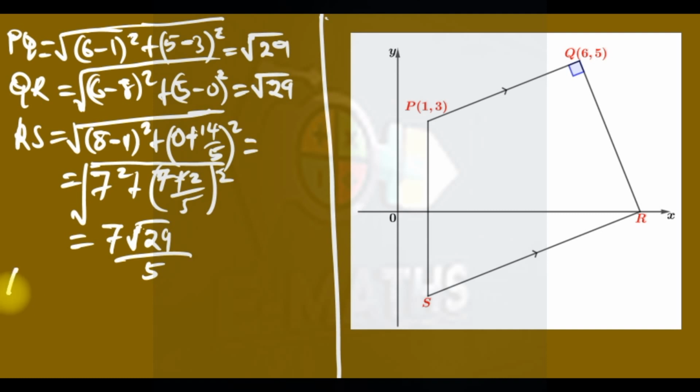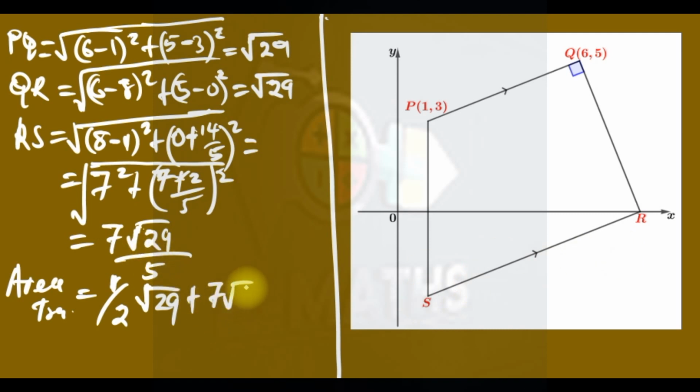Therefore, the area we are looking for, which is a trapezium, is half the sum of the parallel sides, which is PQ plus RX. PQ is square root of 29 plus RX is 7 square root of 29 over 5, times QR, which is square root of 29.